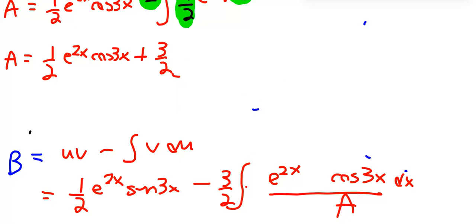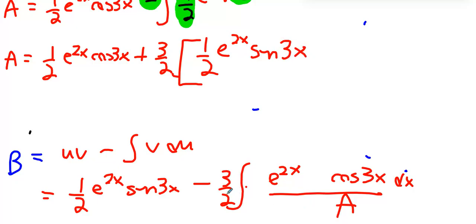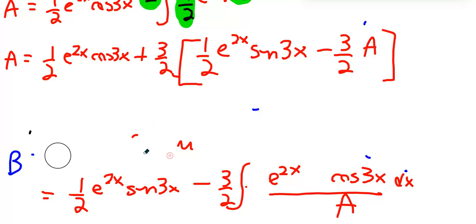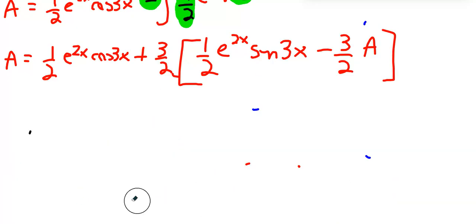So it's going to be 3 over 2 times a half e to 2x sine 3x. And this whole thing is 3 over 2 A. Now we're going to multiply all this out, and hopefully we're on our way to winning here.